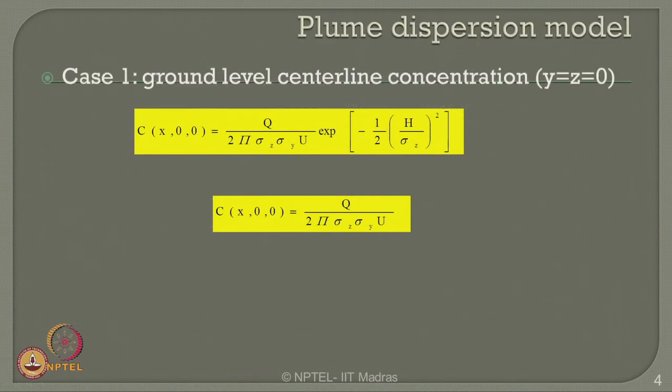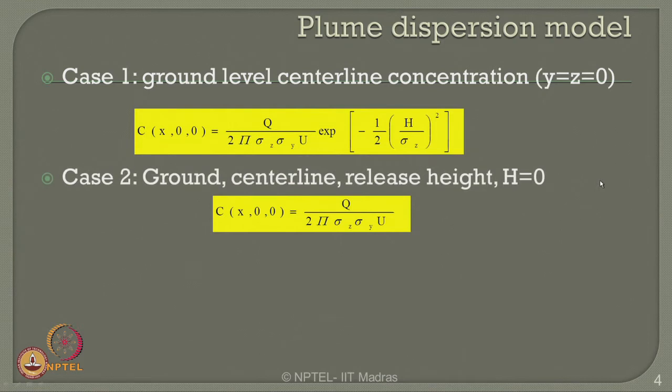The plume release model can be calculated for different cases. For example, let us take case 1, where the ground level central line concentration can be given by this equation. The moment I say ground level, I always associate z equals 0. I am talking about a specific point of release, therefore y is also 0. When I set y and z as 0 in this equation, I get C of x, which can be given by this equation.